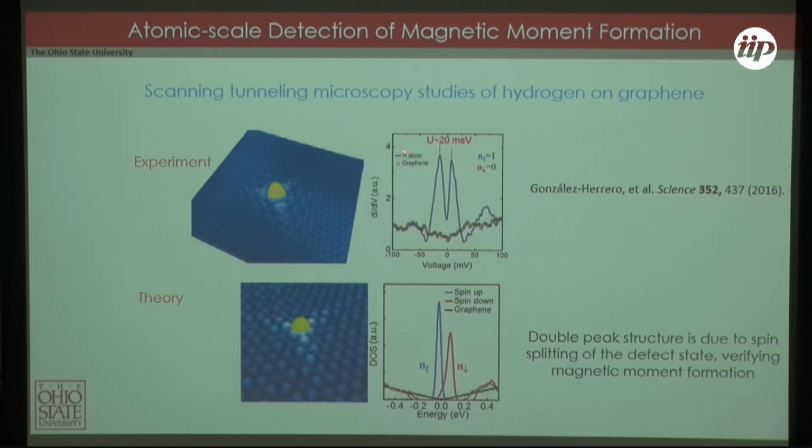You put the hydrogen atom, so if you're on the hydrogen atom, you see two peaks. And theoretically, you can calculate what those two peaks might be. And here it is showing that one is a spin up and one is a spin down. So it's like this exchange split doublet, right? So this is showing that you have a magnetic moment right on the area of the hydrogen. So I find that to be quite nice.